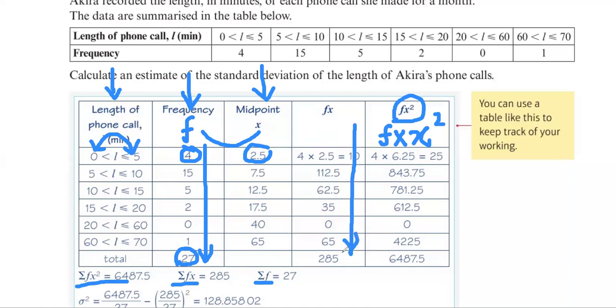Sigma fx means sum of the fx column. Like that, sigma fx square, sum of the fx square column. These are the things we have to find first. Then you can find x bar from these details.